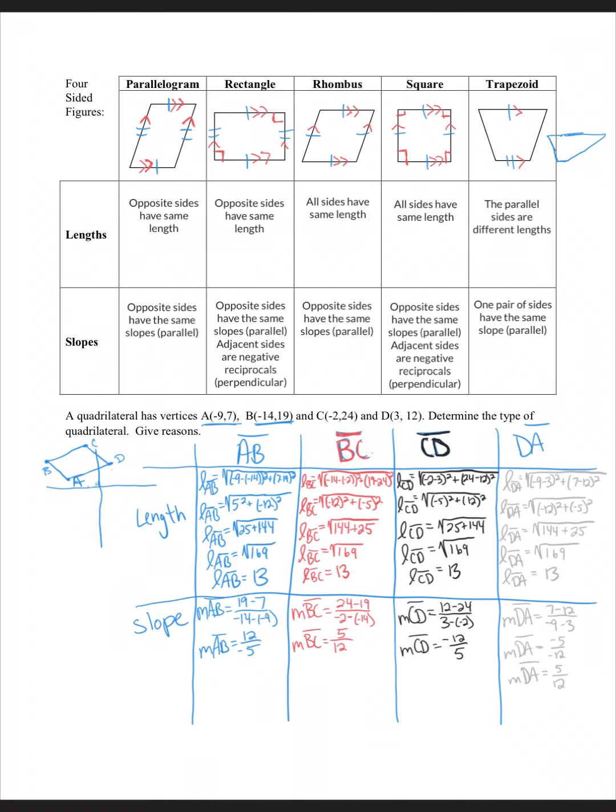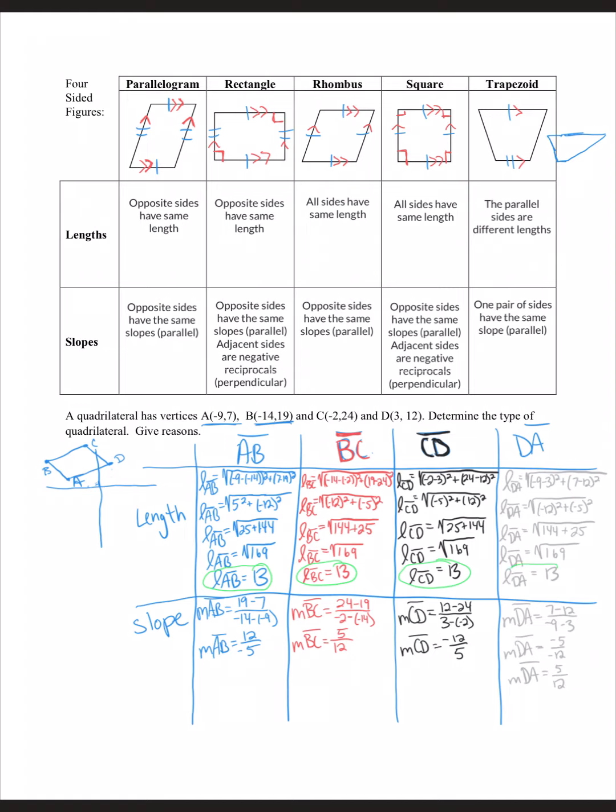Okay, so hopefully you were able to calculate the length and the slope of each of these additional lines. And now we have to take a look at what's similar, what's different, what does that tell us about this four-sided figure. So hopefully we can look at the side lengths first, and we should have gotten that each of the side lengths was exactly the same.